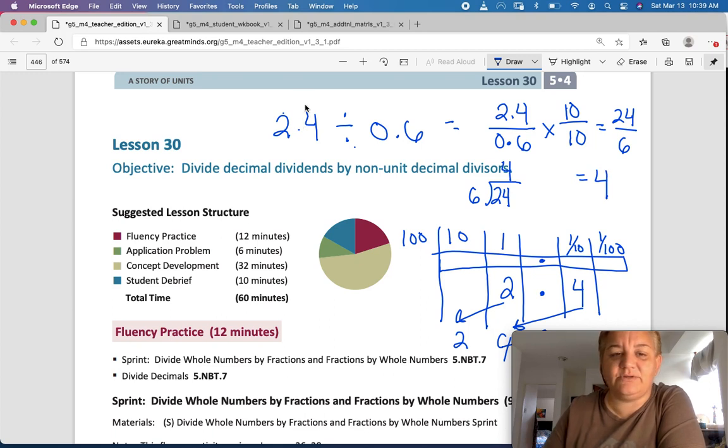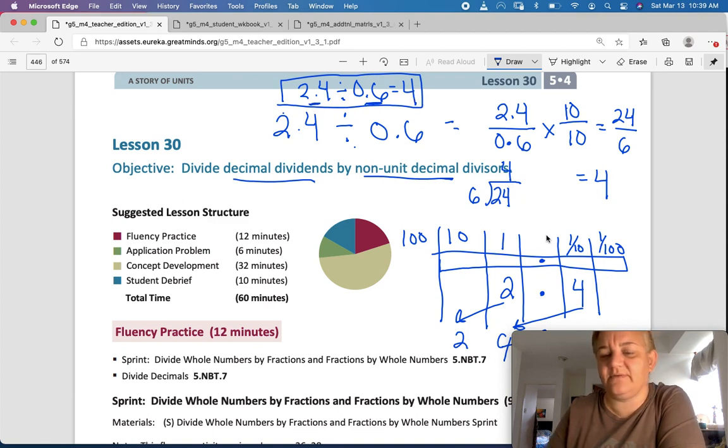So 2 4/10 divided by 6/10 equals 4. So this is what we're doing today. Here's our decimal dividend right here, and our non-unit decimal divisor right there. And we come up with the answer of 4 for that one.